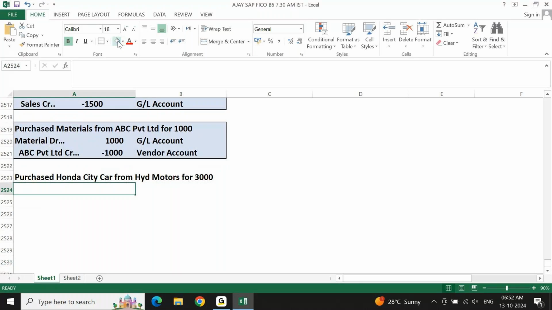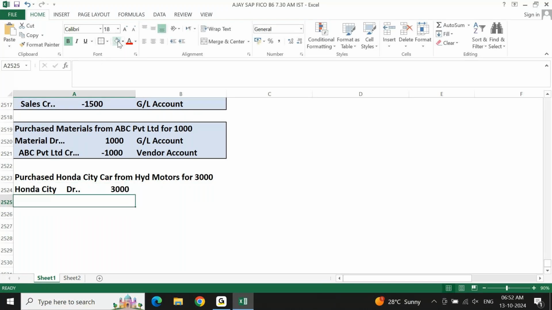Sir, vehicle account debit to Hyderabad Motors. Which vehicle? Honda City. Honda City debit, it's 3000.